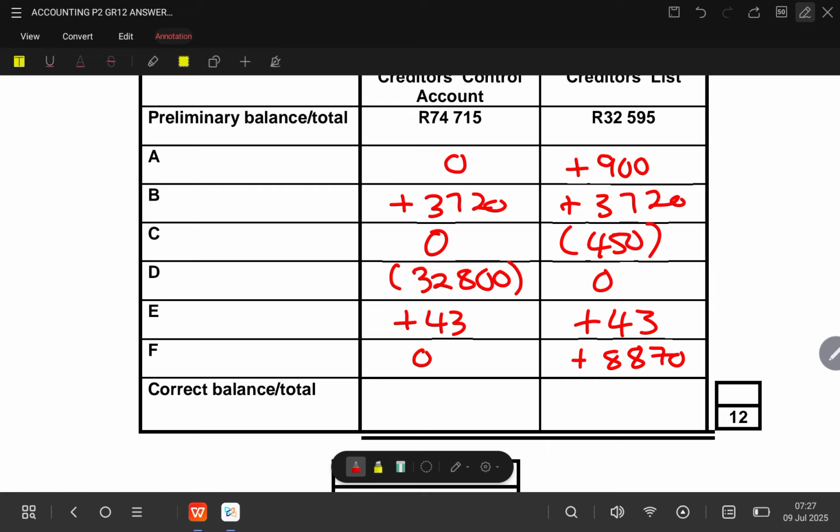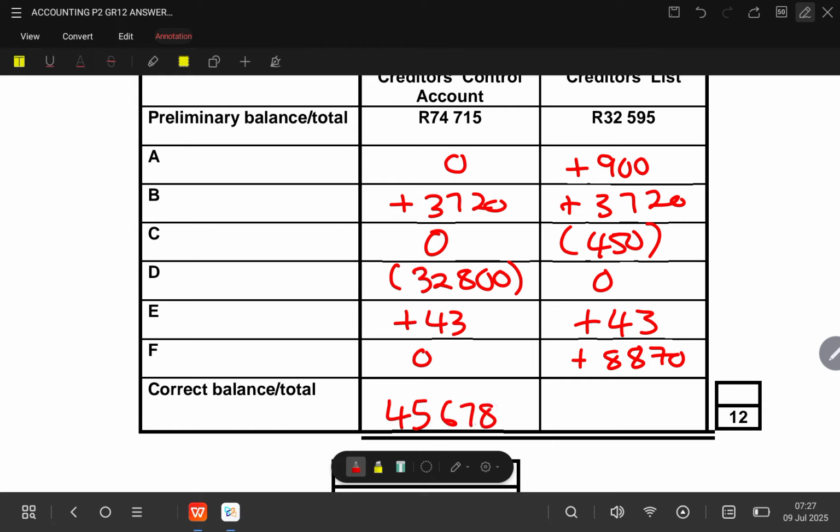So let's check to see if everything balances. So if you say 74,750, and then you say plus 3,720, and then you say minus 32,800, and then you say plus 43. It's going to give you 45,678. And then let's check on the list.